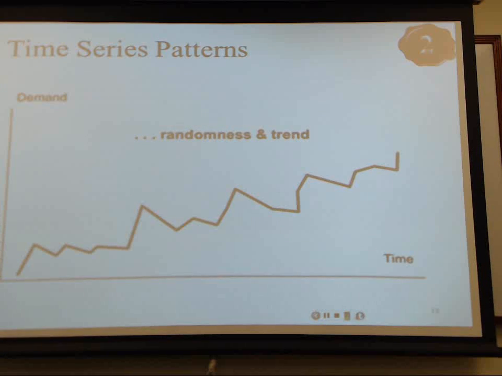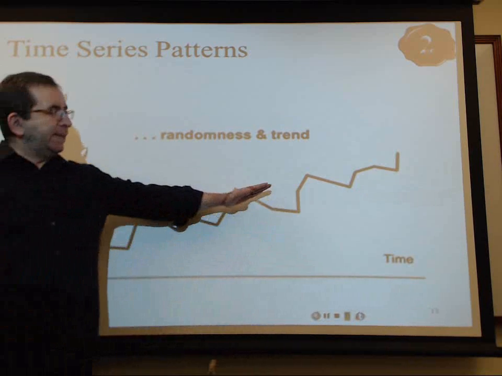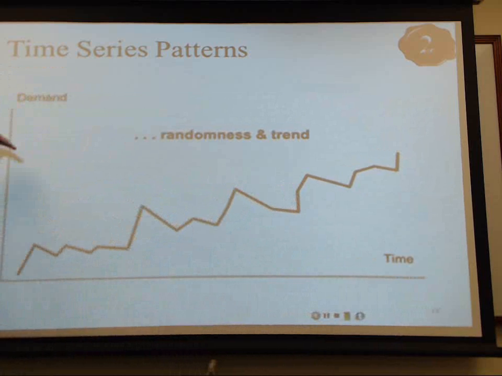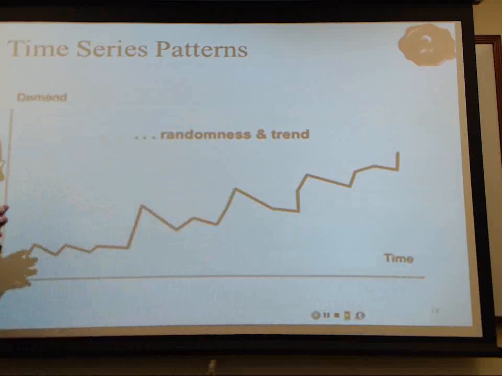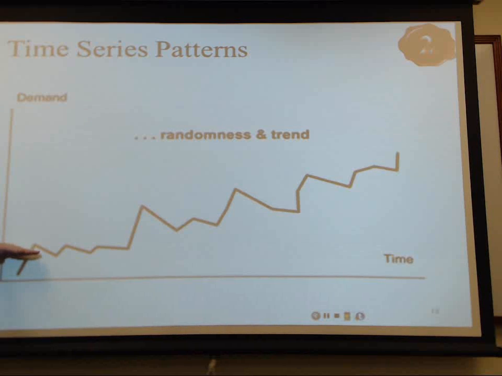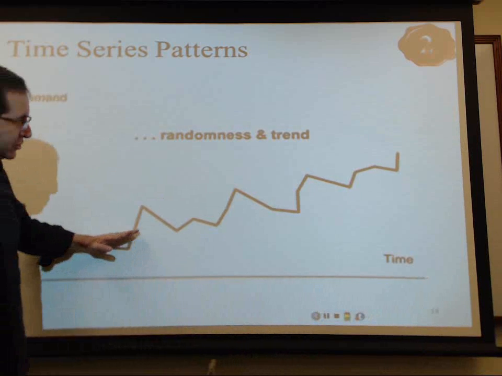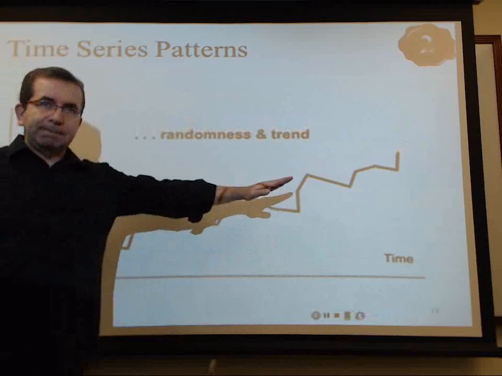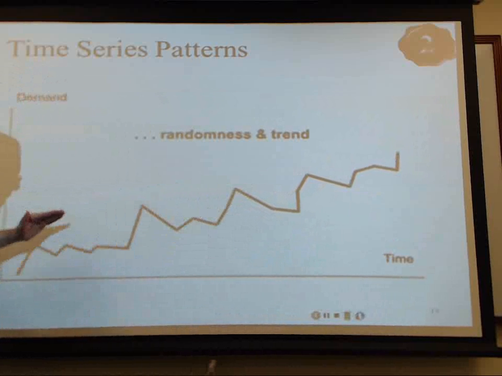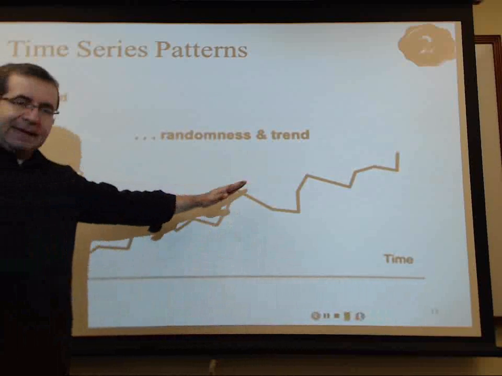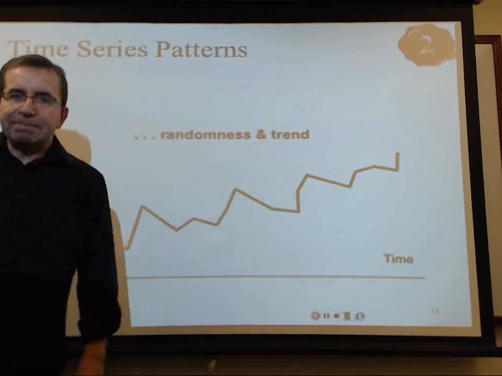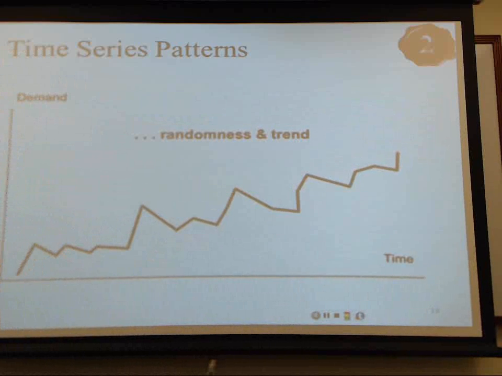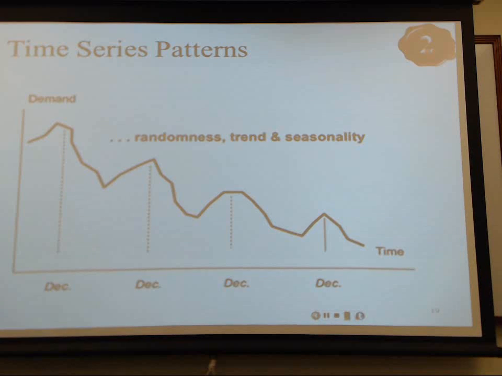Another pattern is you can have a trend. You can have an upward trend or a downward trend, doesn't matter. Here you start at a certain level and the average is increasing. There's an upward trend and there's some fluctuation around that demand. Another pattern could be like this. So now we have a number of patterns here. First of all, there's a downward trend.